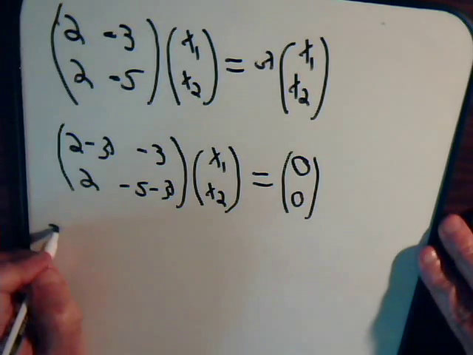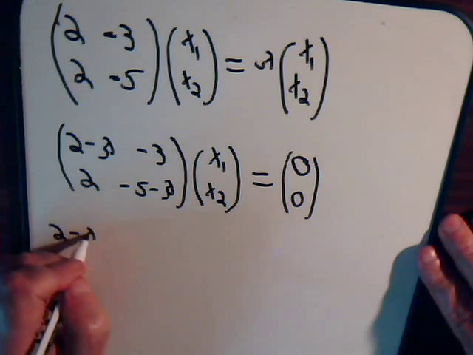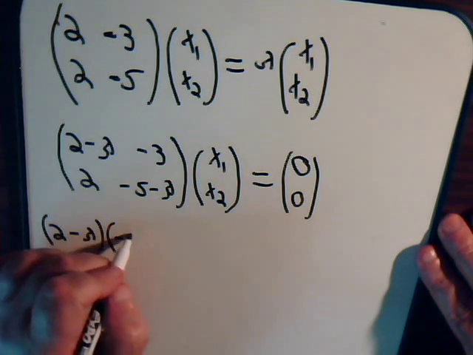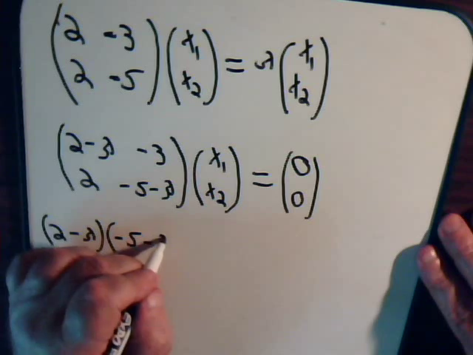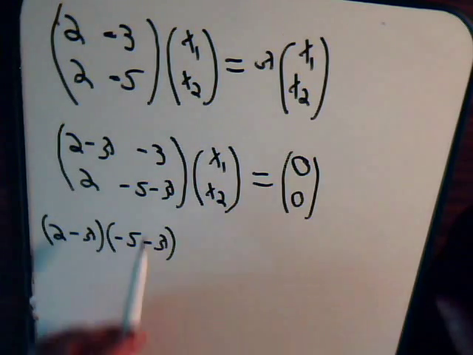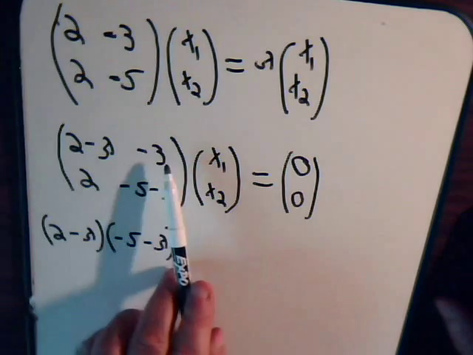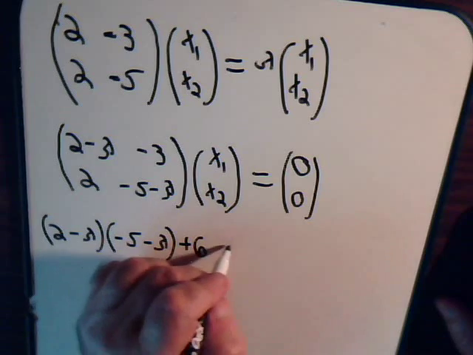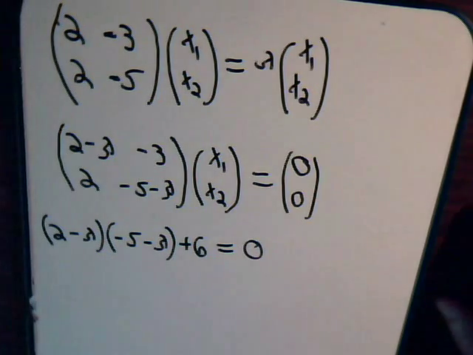So we have (2 minus lambda) times (minus 5 minus lambda), minus the product of this minus negative 6, equals 0.